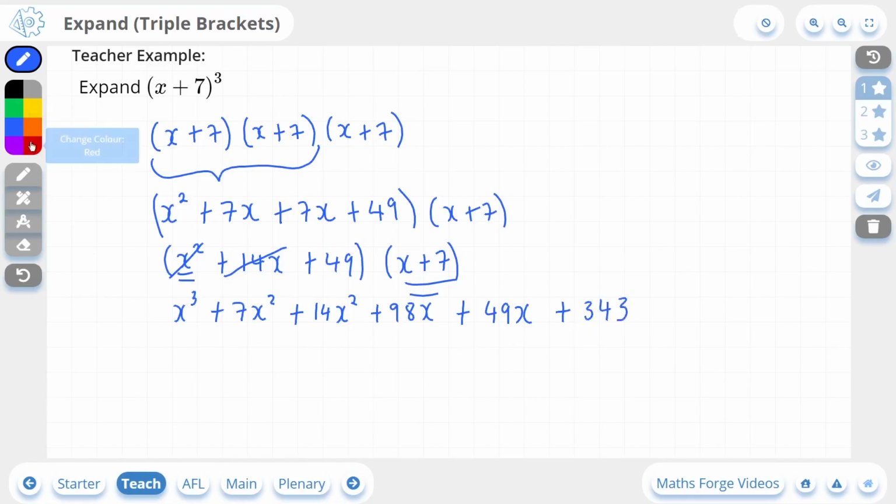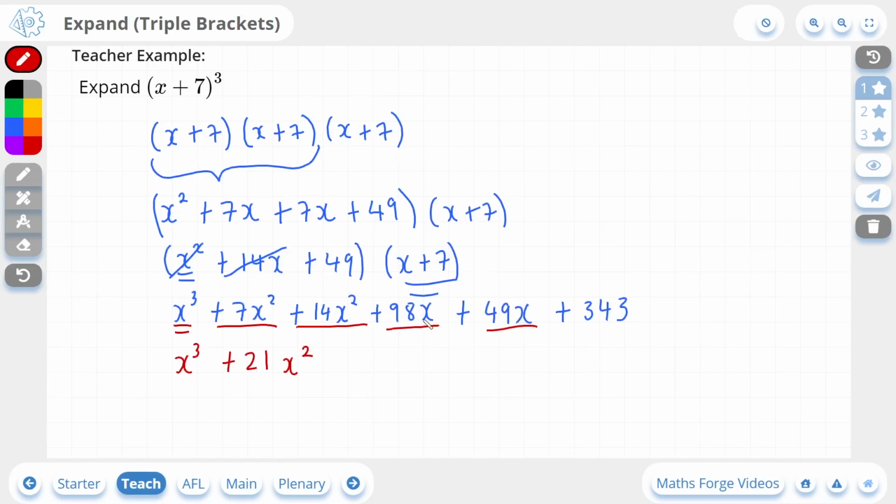Now we can go ahead and collect like terms to simplify this very large expression. So we only have one term with an x cubed, so that's going to be our only term with an x cubed. We have two terms with an x squared, so we can go ahead and collect them. Positive 7 plus 14 is plus 21, and then an x squared. And we have two terms with an x, it's 98x and plus 49x.